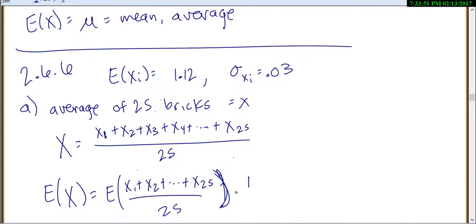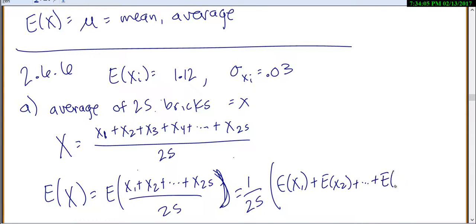Let's just pull that out as 1 over 25 times, and then we'll do the expected value of each one. So expected value of x1 plus expected value of x2 plus the expected value of x25.